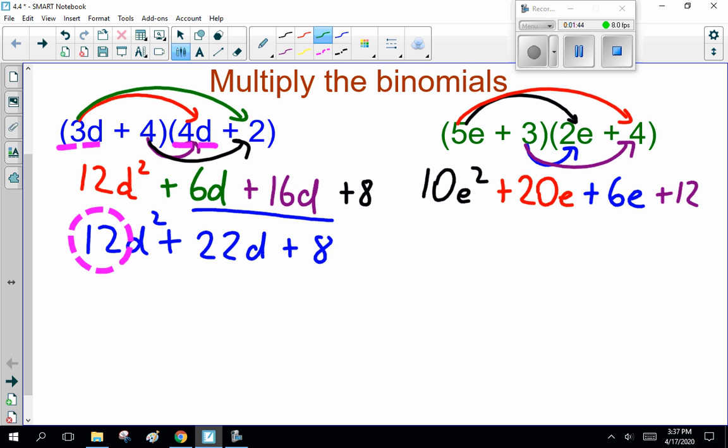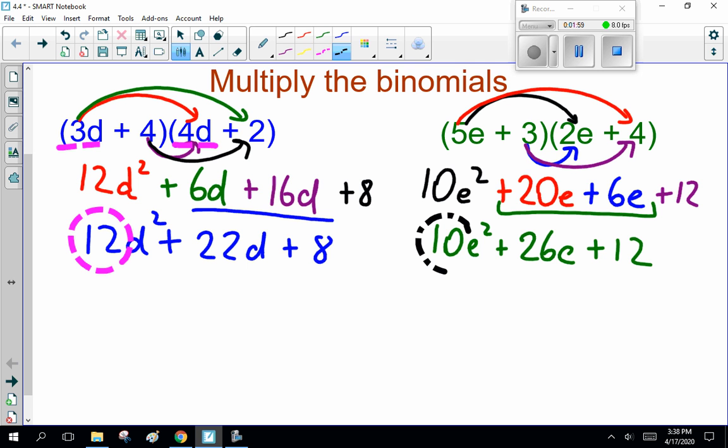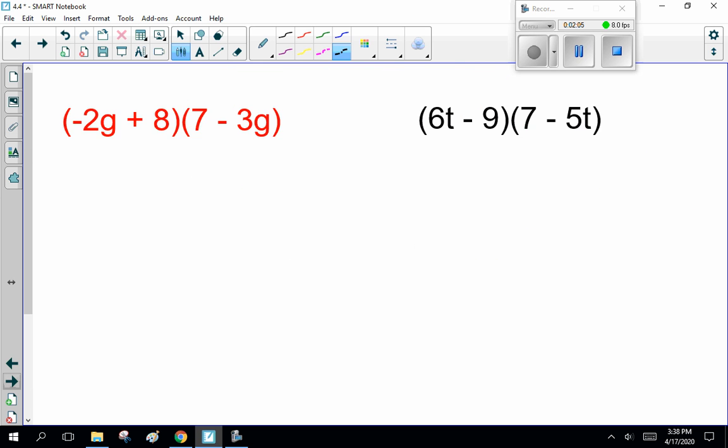Now, we have a 10e squared. And we have 20e plus 6e is 26e. And don't forget the 12 at the end. And once again, we've got a number in front of the e squared or x squared because we've got numbers in front of our e's here. Makes it a pain in the bum.